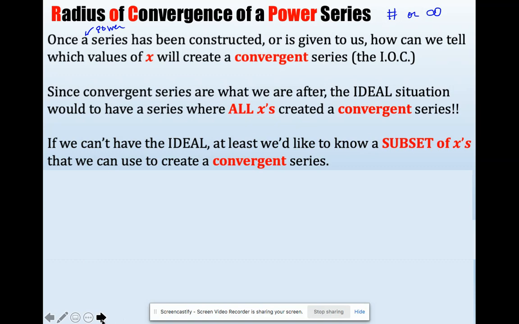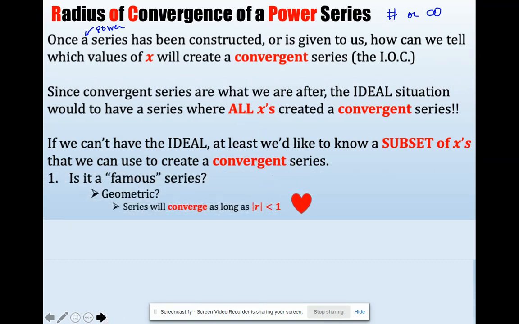That's what the ratio test is for. But don't forget, please don't use the ratio test if you don't have to. Is your famous series geometric? Is it 3 over 1 minus x, right? If I can identify that common ratio r, as long as I say that the absolute value of that r is less than 1, bam, there's my radius of convergence.